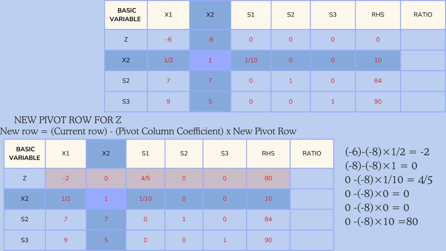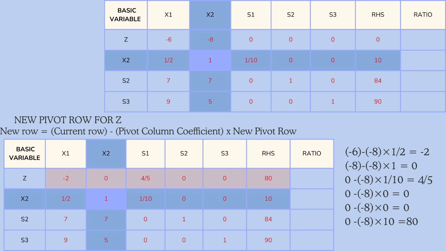Next, 0 minus negative 8 times 1 over 10 is equals to 4 over 5. 0 minus negative 8 times 0 is equals to 0. 0 minus negative 8 times 0 is 0. 0 minus negative 8 times 10 is equals to 80.